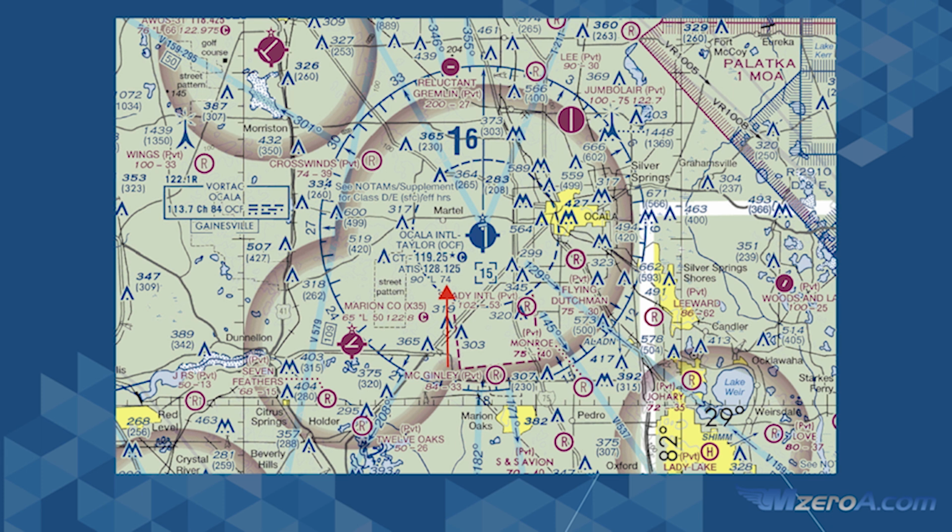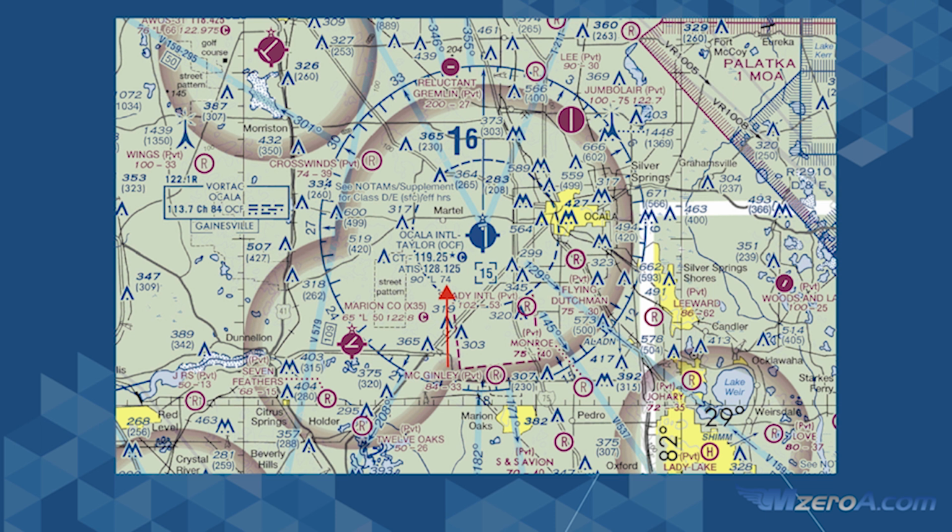And the last number, 123.0, is our Unicom frequency. Unicom stands for Universal Communication Frequency, which we would use to contact the FBO, the fixed base operator on the field, to request fuel.